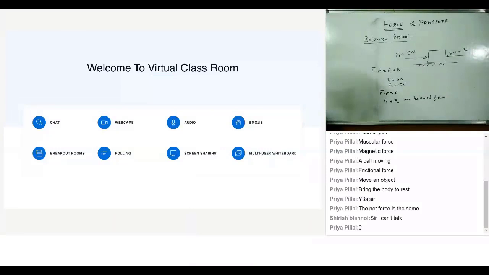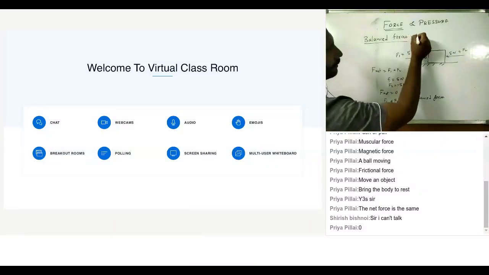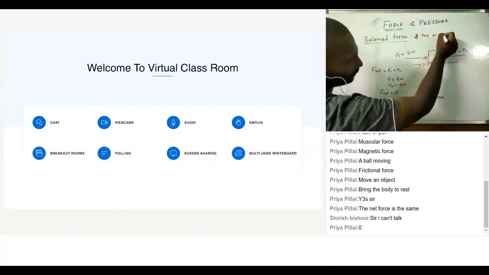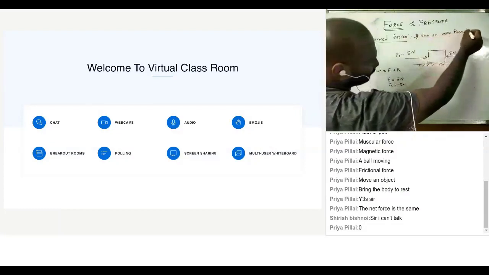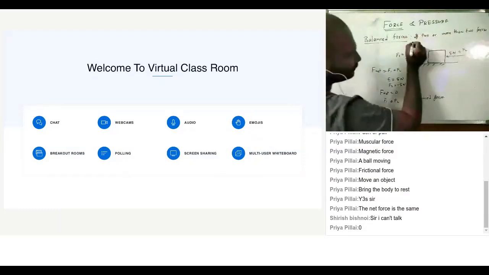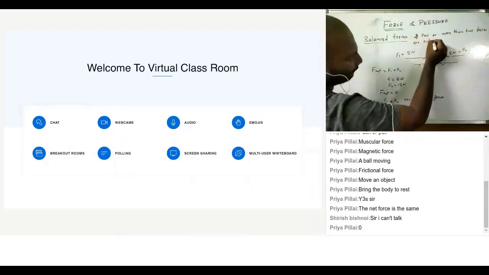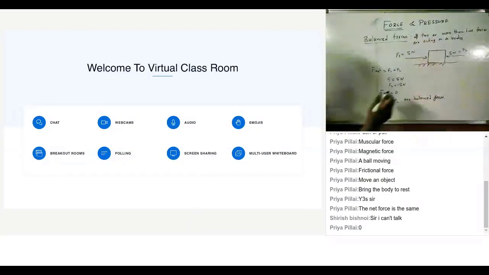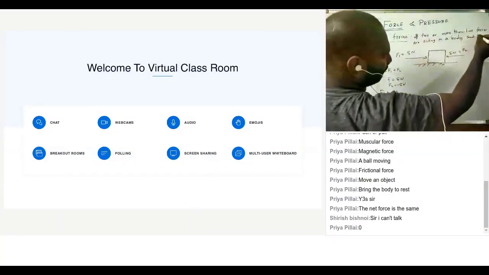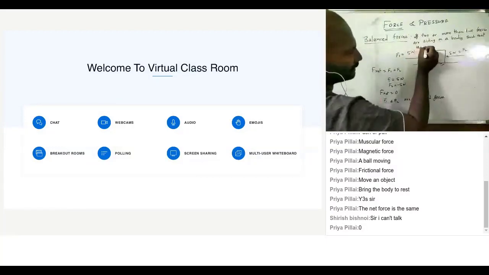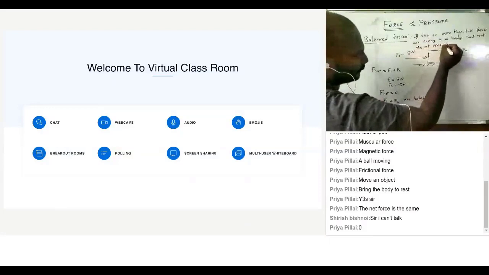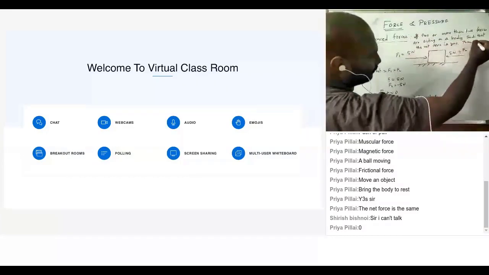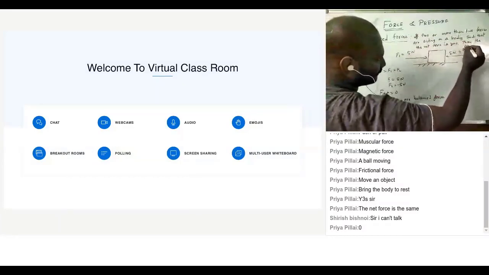If I want to define balanced forces: if two or more than two forces are acting on a body such that the net force is 0, then the forces are balanced.